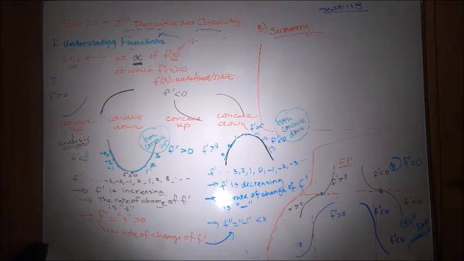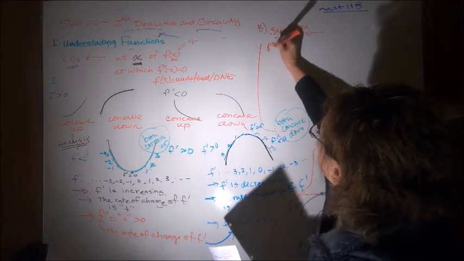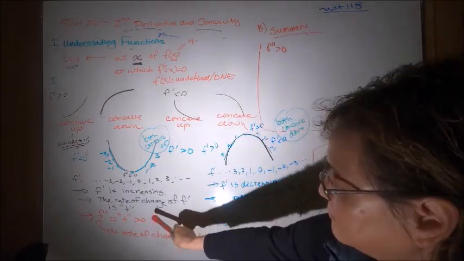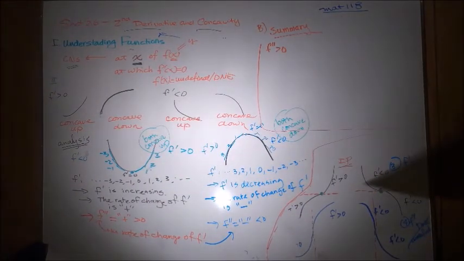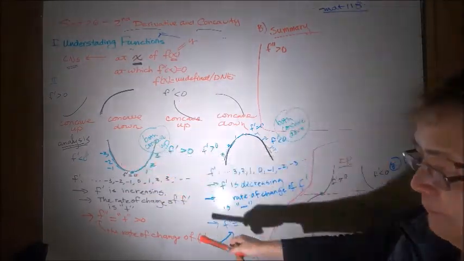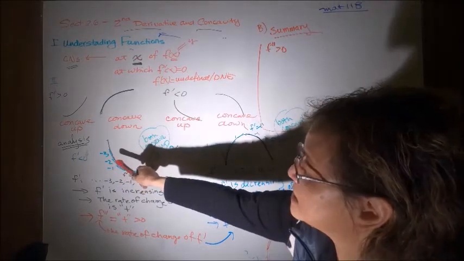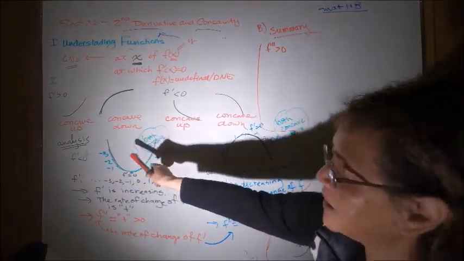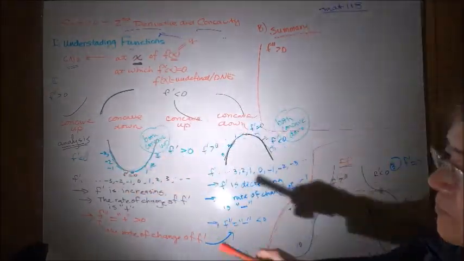All right, so when we have f prime prime bigger than 0, that would be this shape, right? This shape is your function f. Then f prime is the rate of change, the slope of the tangent line, which changes from less than 0 to bigger than 0.